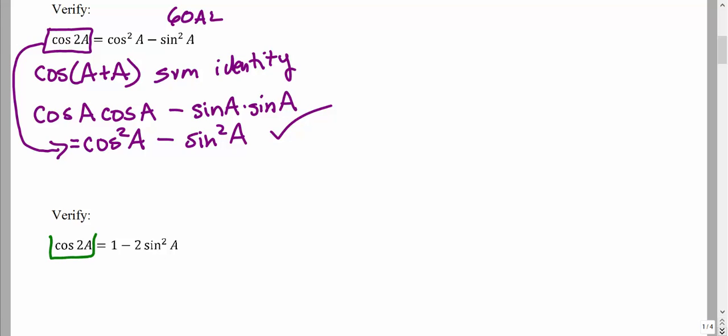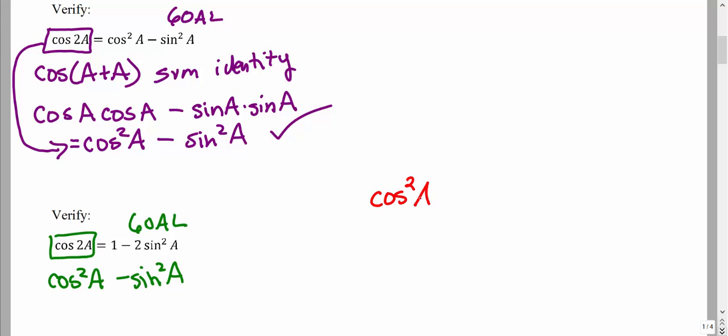We have already shown that cosine of 2A is equal to cosine squared A minus sine squared A. We want to show that we can achieve the right-hand side, so we're going to do a replacement. Let's use our Pythagorean identity: cosine squared A plus sine squared A is equal to 1.